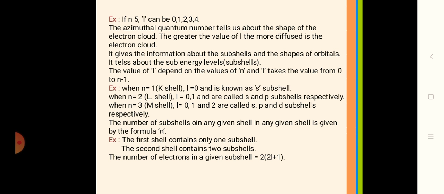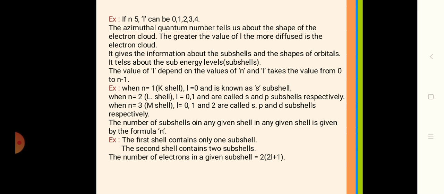It tells about the sub-energy levels, subshells. Azimuthal quantum number explains about the subshells. The value of l depends on the values of n, and l takes the value from 0 to n minus 1.